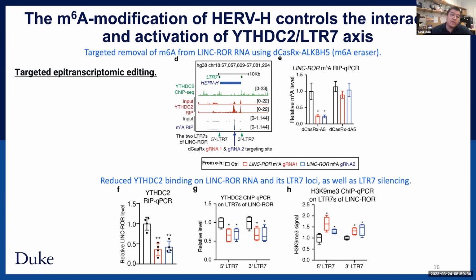And importantly, without m6A modification of HERVH transcripts, we observed the gain of H3K9 trimethylation on the two LTR7 sequences, indicating that m6A indeed plays a causal role to recruit YTHDC2 to LTR7 DNA sequences and prevent their epigenetic silencing.